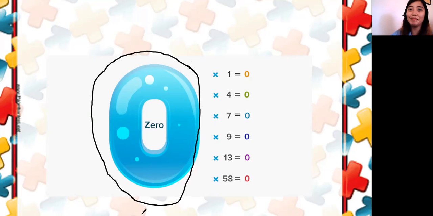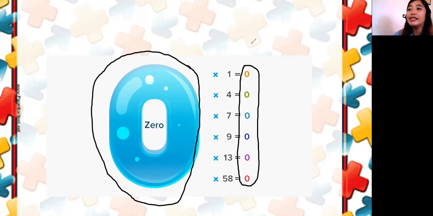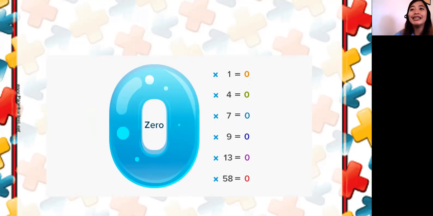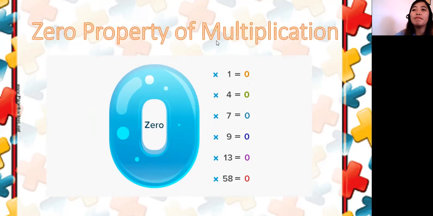What was the answer? It's all 0. Okay, so here, any number you multiplied by 0, the answer will always be 0. So this is zero property of multiplication. Very, very easy to remember.